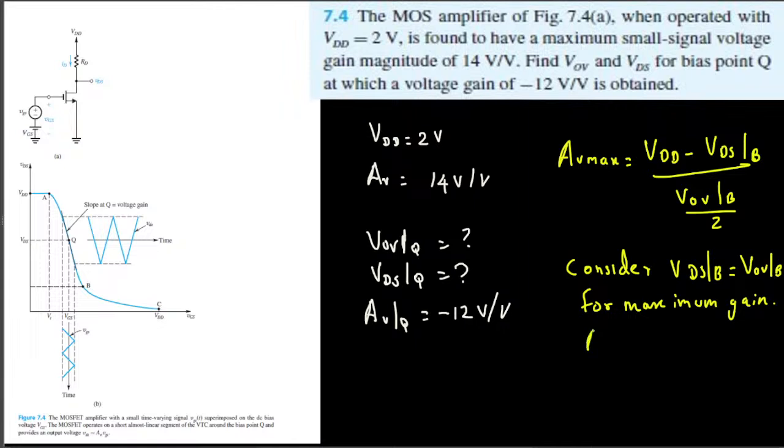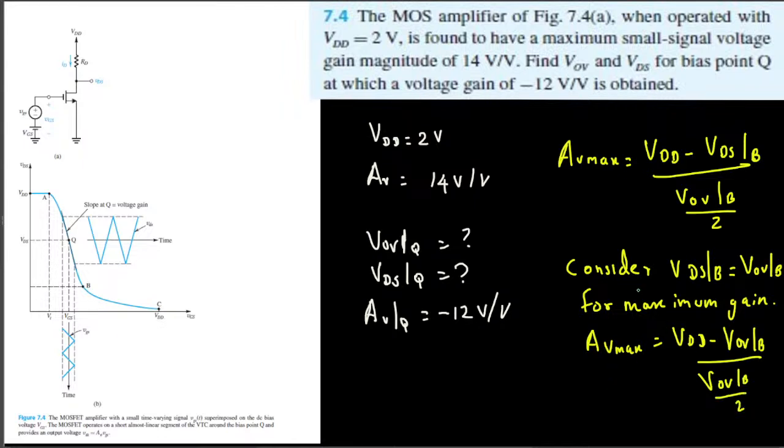So AV max is equal to VDD minus VOV at B, divided by VOV at B divided by 2.